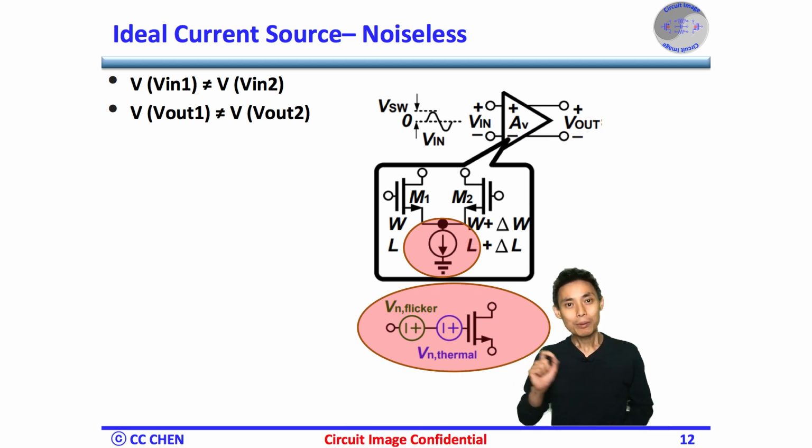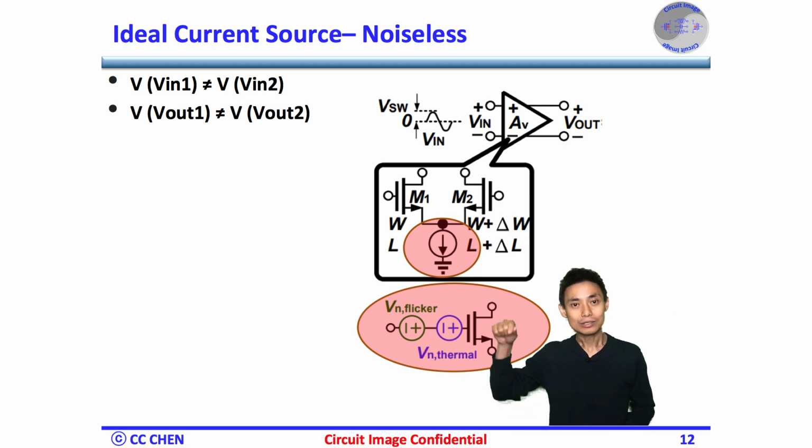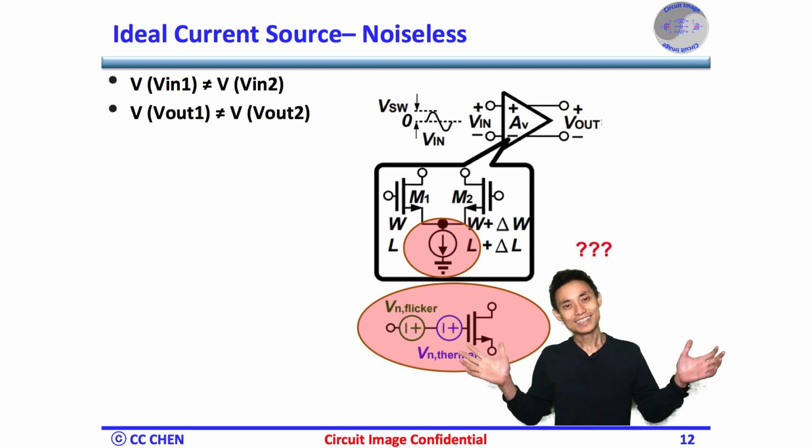Therefore, the common mode to differential mode conversion will make the current source noise still show up at the differential output. Therefore, an ideal current source without noise, or to make the noise as little as possible to some degree, is still needed. Anything else?